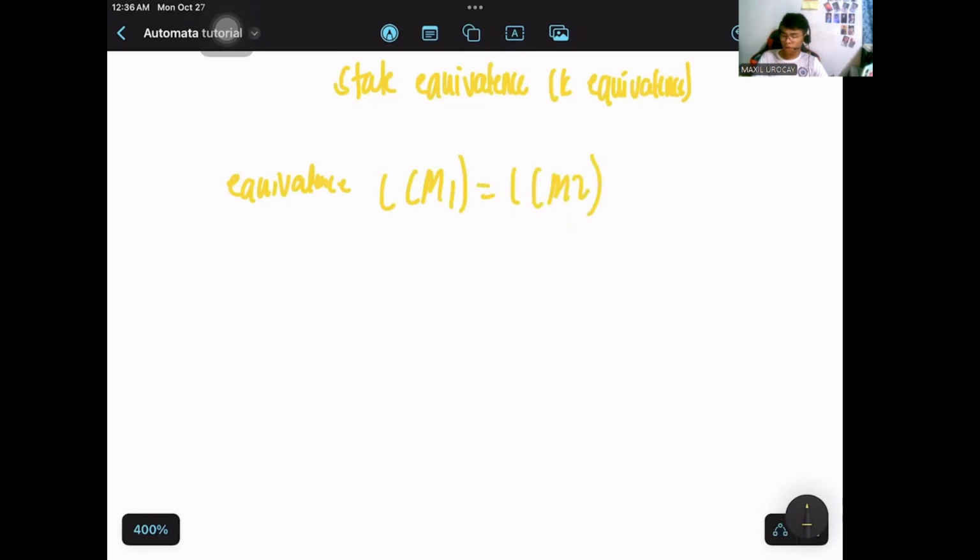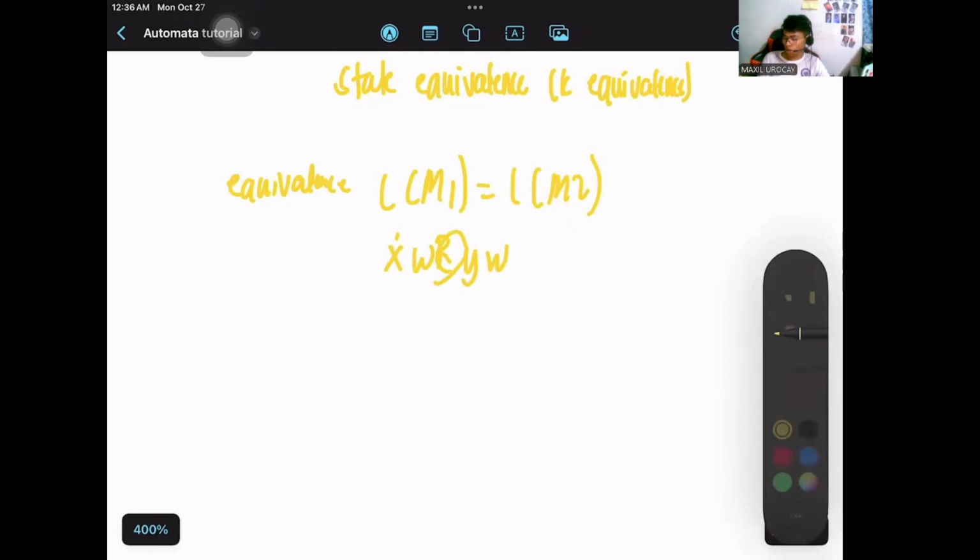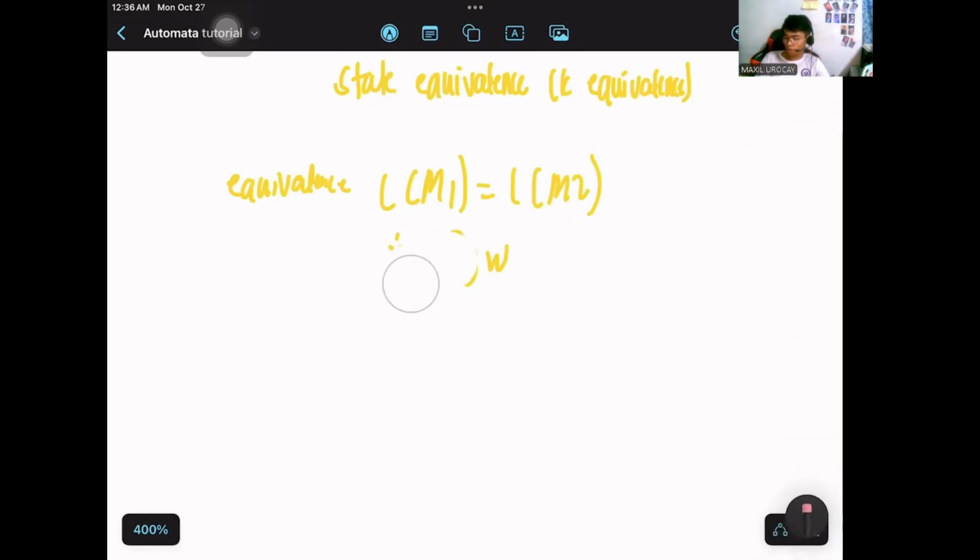That means they have the right invariance. Your string X is related to string Y, and the string of Y is related to the strings of X. That is the concept of right equivalence invariance.